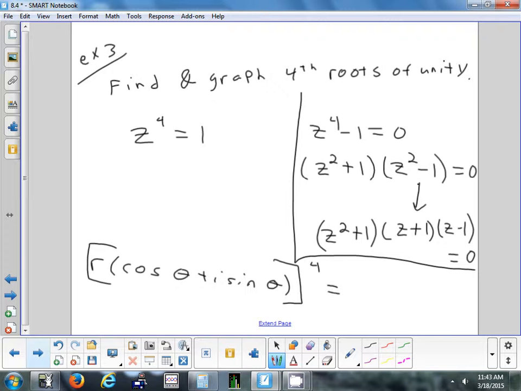Okay, now we have to write the number 1 in trig form. If it's confusing, you're not sure what it is, think of it like this. There's no imaginary part. It's 1 plus 0i. So this should be very easy to find our radius and our angle. Go 1 unit on the real axis. No units on the imaginary.